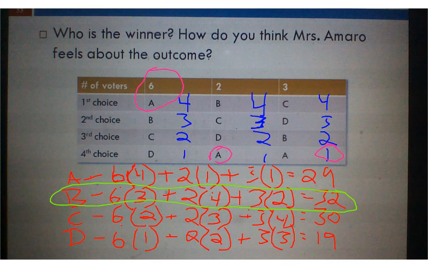But after using this method, B has a pretty good standing across the board, especially since this column is weighted so heavily with the 6 voters putting B in second place. That really helps B out a lot, and then having these couple first place votes as well.